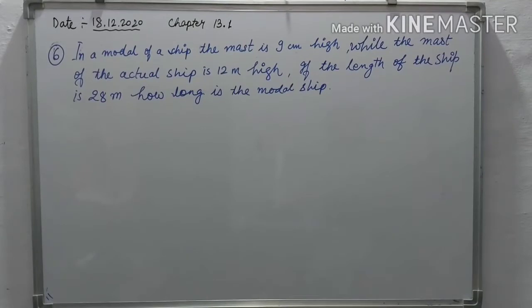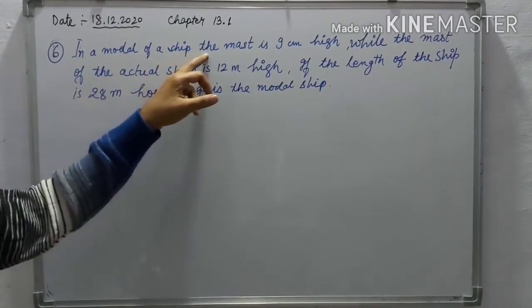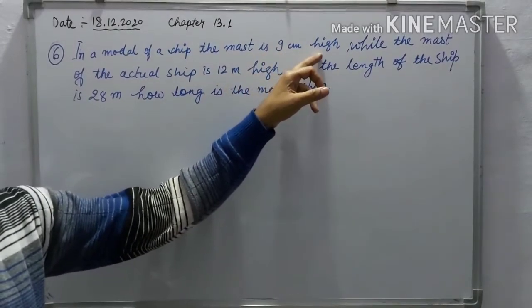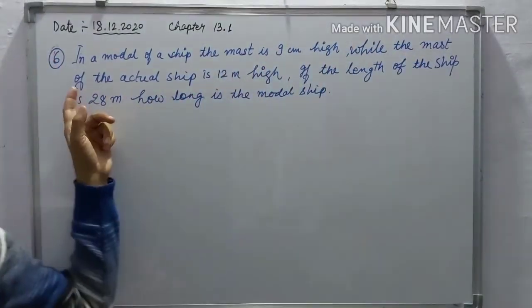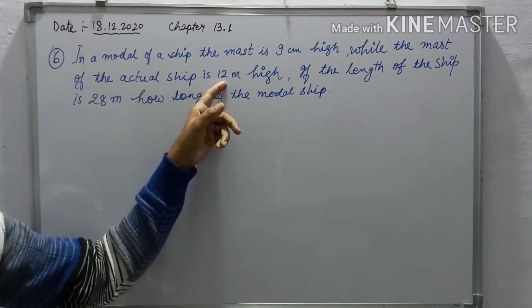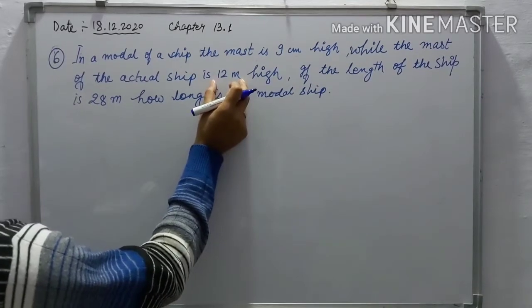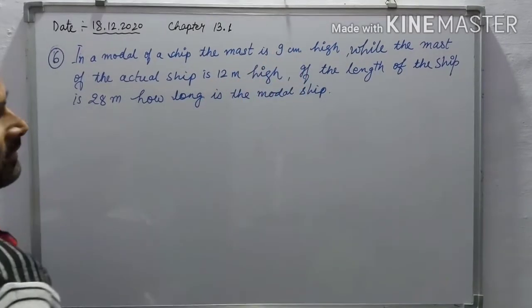Question number 6. In a model of a ship, the mast is 9 centimeter in height, whereas the mast of the actual ship is 12 meter. The actual height is 12 meter and the model height is 9 centimeter.